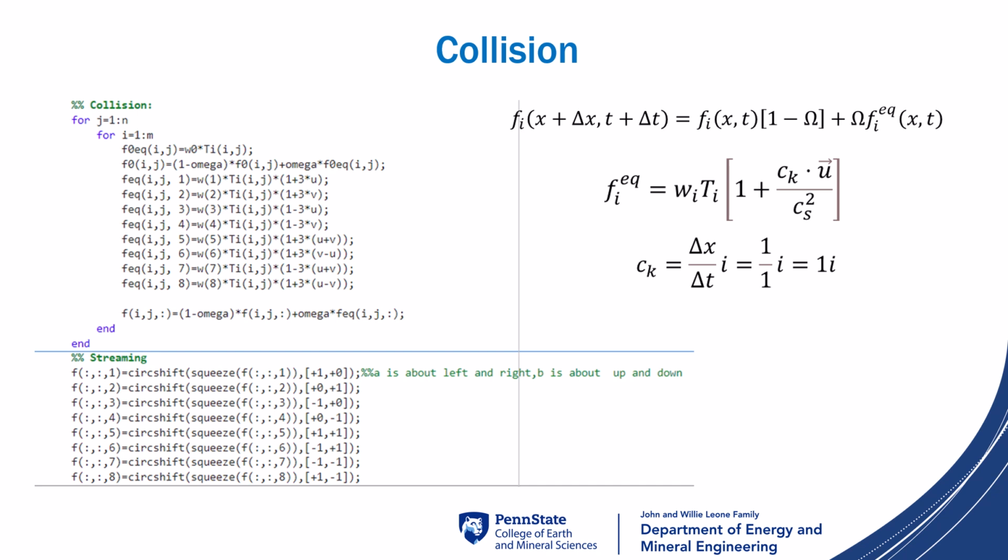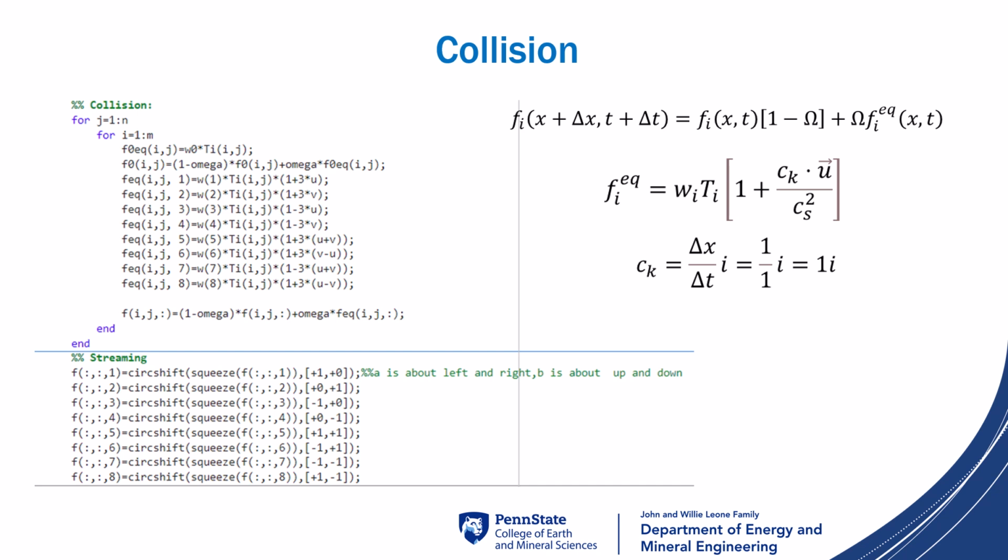To calculate this equilibrium distribution, we use both the local temperature and the velocity components of each grid point. So for one of the directions, let's say direction 1, the equilibrium distribution is calculated like this. You take the weight from direction 1, multiply it by the temperature at the grid point, and then multiply by the correction factor based on flow.